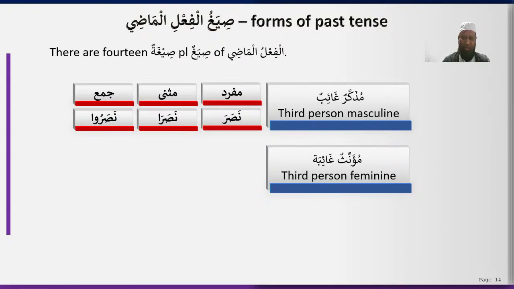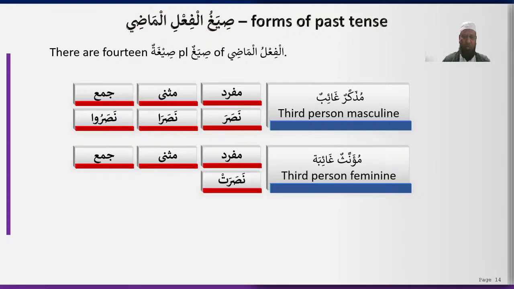Just add ta al-maftuha, the open ta, and put sukun on it. Mufrad, nasarat. So this is ta al-maftuha as-sakina, nasarat.